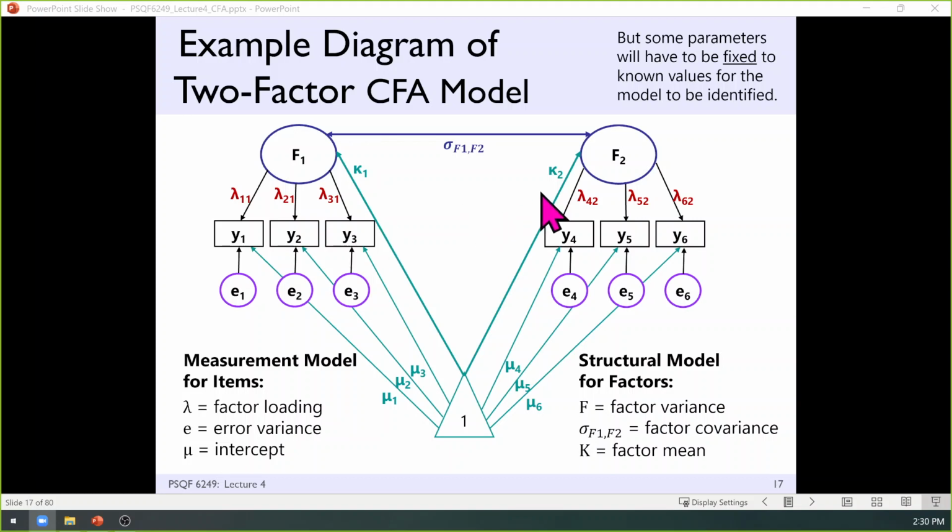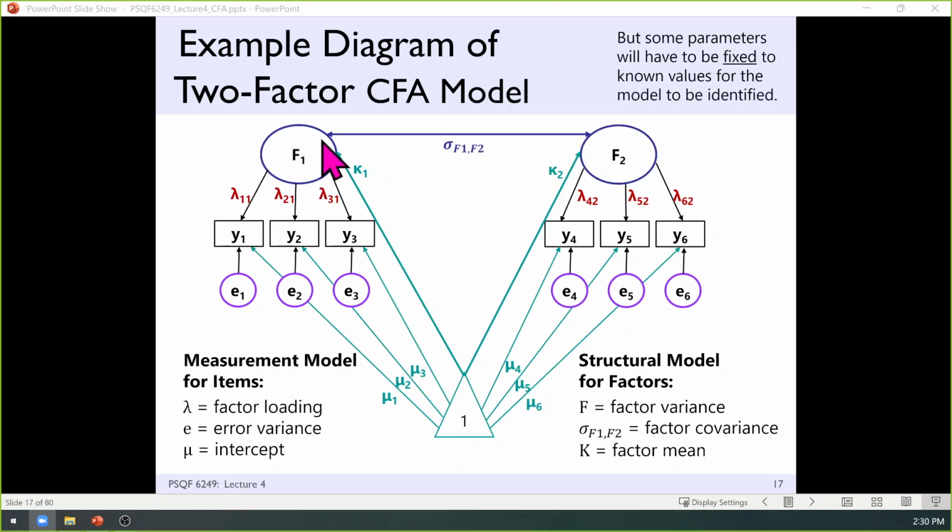Likewise, if I want to go across factors, so let's say I want y1 and y6, I start from the y1 box, I go up to factor 1, so I pick up this loading, then how am I going to get from factor 1 to factor 2? Across the top, right?